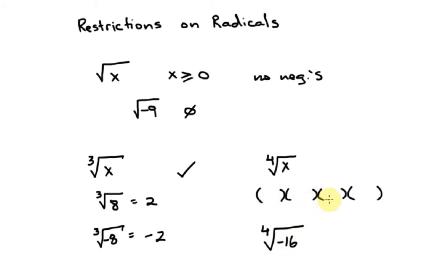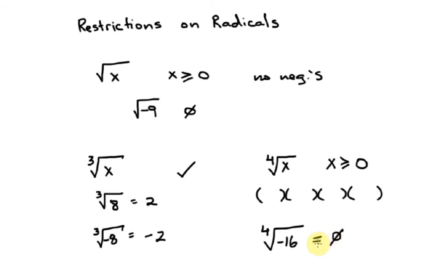You've got 4 groups here, so this is always going to yield a positive product. A number times a number is always positive, times a number, which is always positive. So the restriction, again, is that x has to be a positive number, because down here you look at that and go, hey, I can't do that.